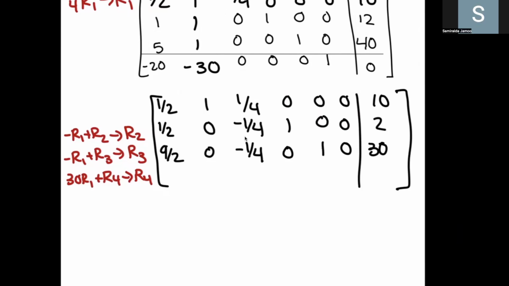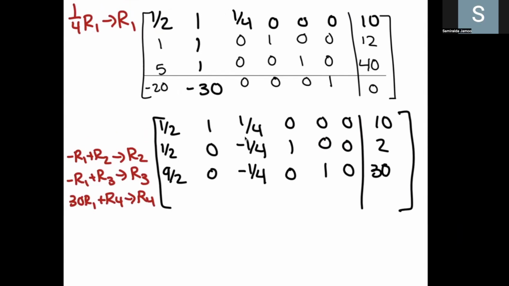Okay, now moving on. We have negative or +30 over 2, which is 15, minus 20. +30 minus 30 is 0. 30 divided by 4 plus 0.